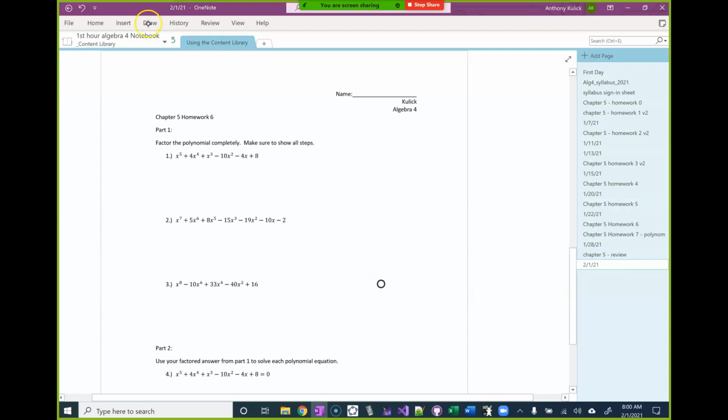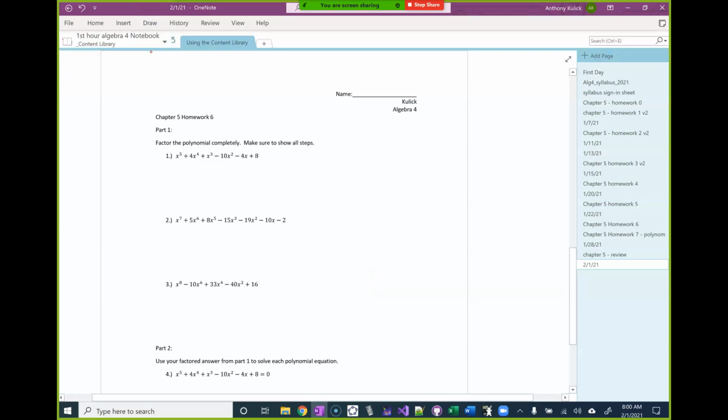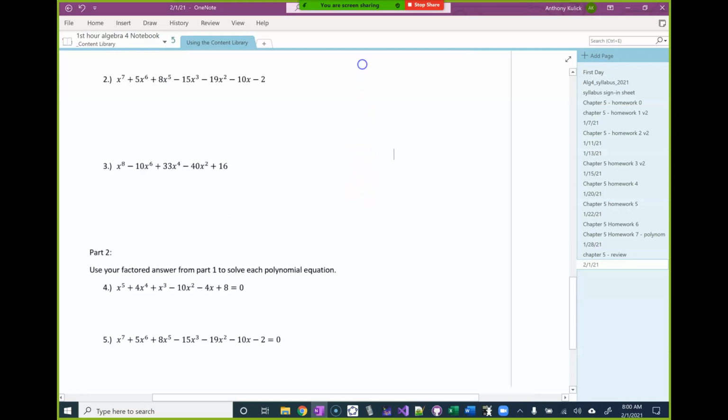So here we're asked to factor this completely. So we have a bit of work to do, observing with the fundamental theorem of algebra that because this is a degree 8 polynomial, it should have 8 solutions, or at most 8 factors.